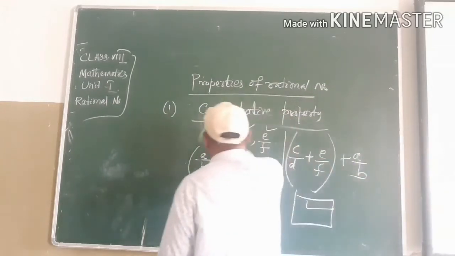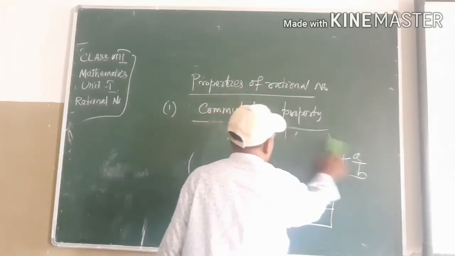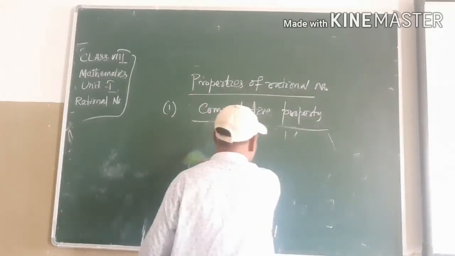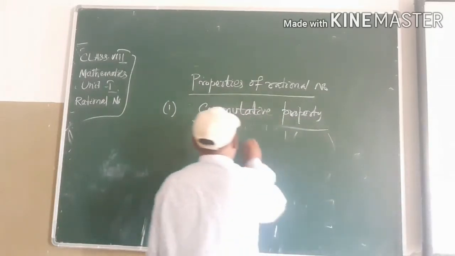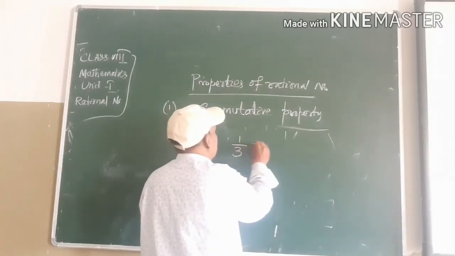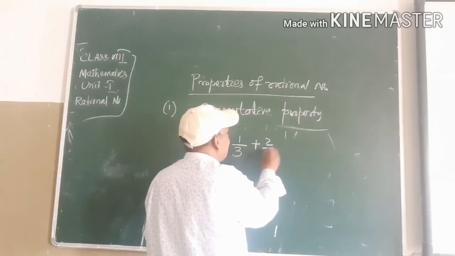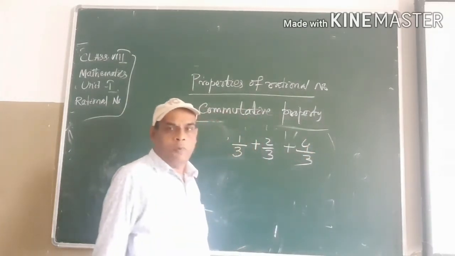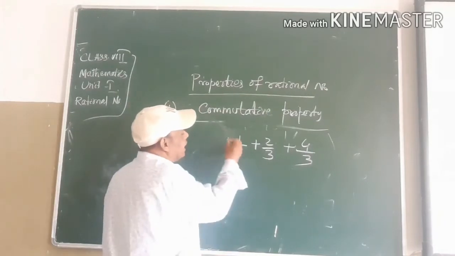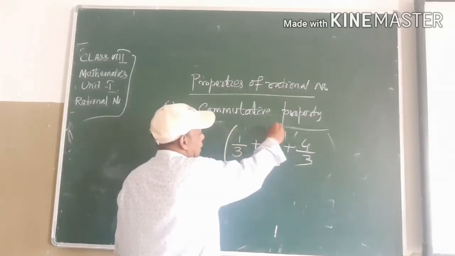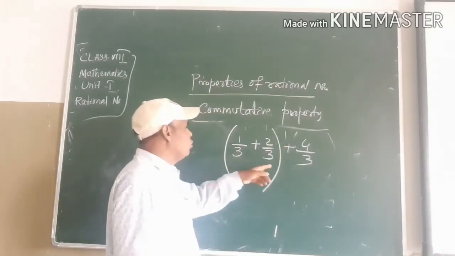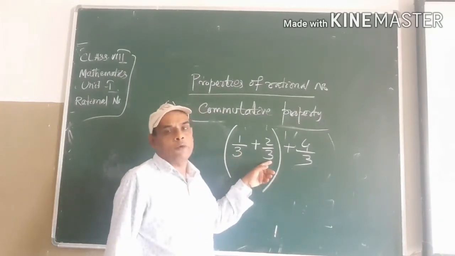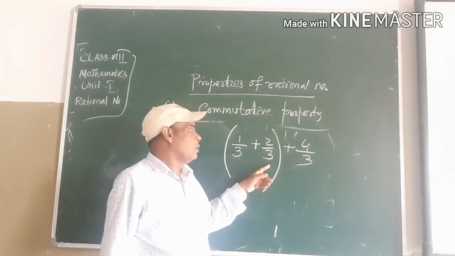So you may write, suppose 1 by 3 plus 2 by 3 plus 4 by 3. First we will write it this way, because these two rational numbers we have to add first.